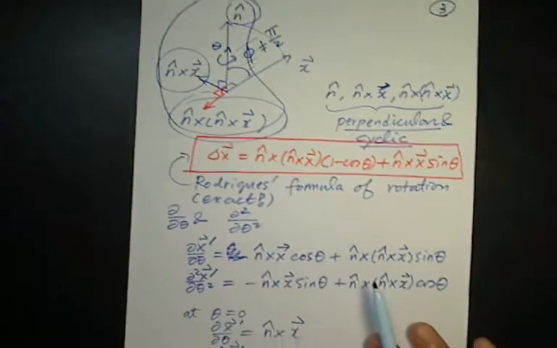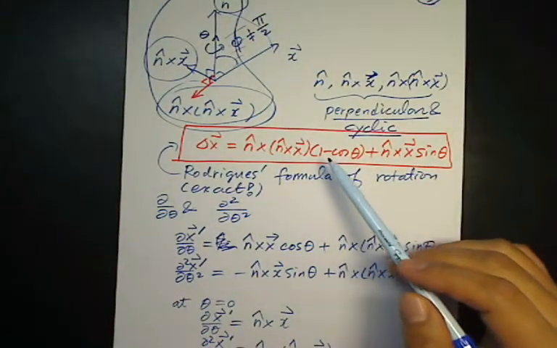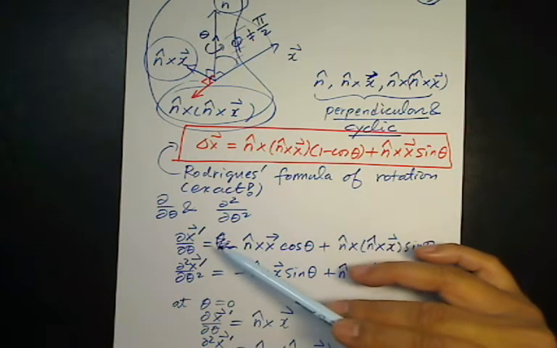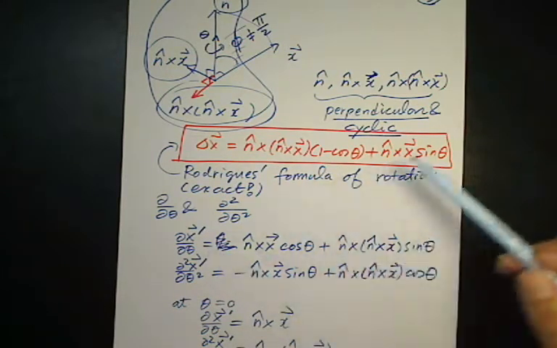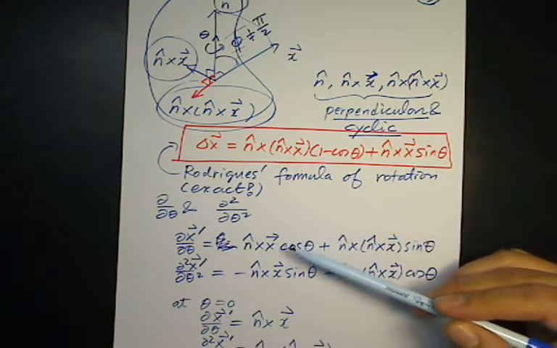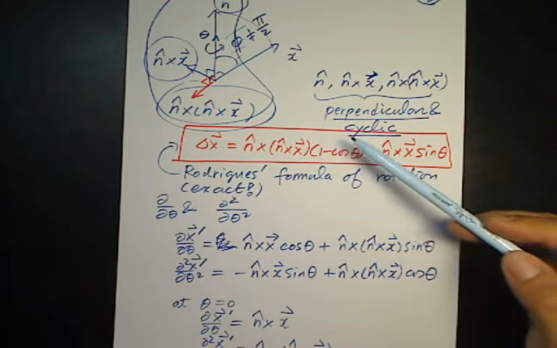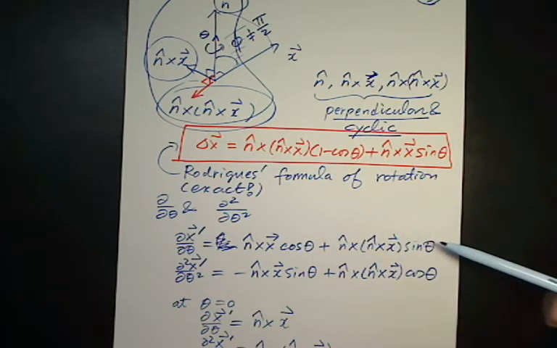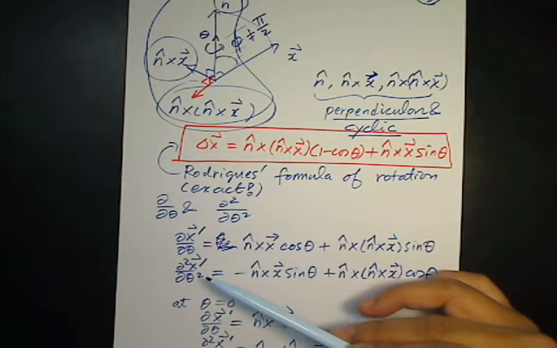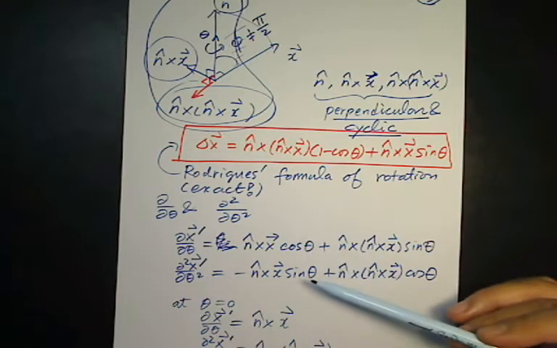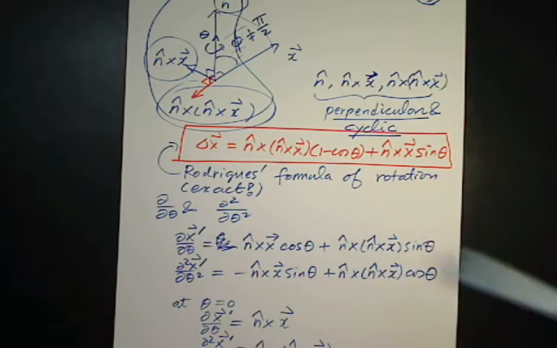Okay. If I take the derivative, the first order derivative becomes cosine for this one and sine for this one. The second order derivative will be minus sine and cosine.